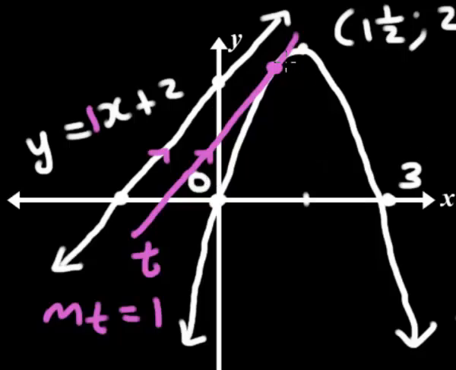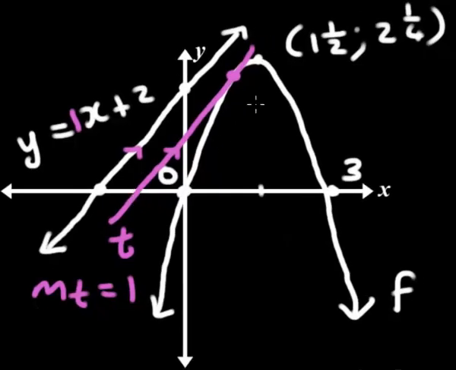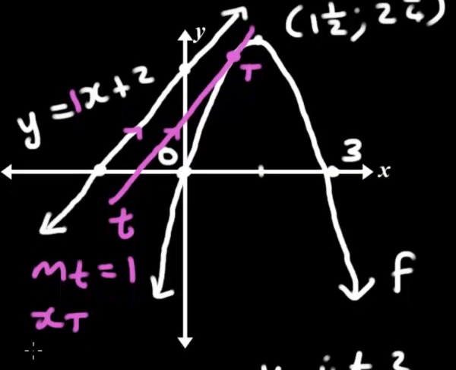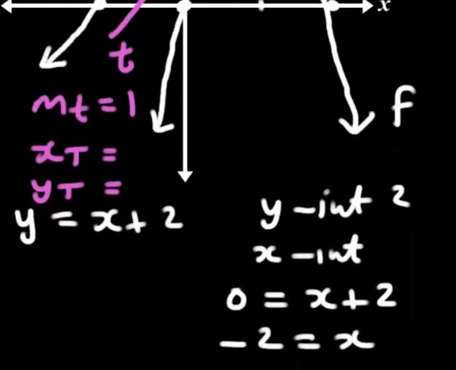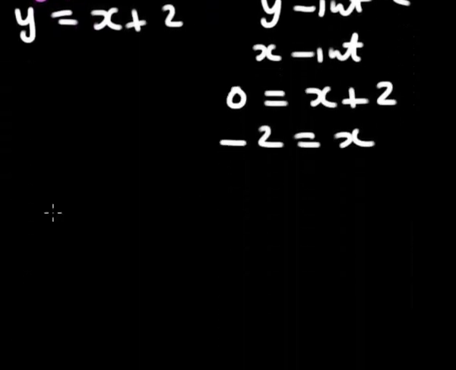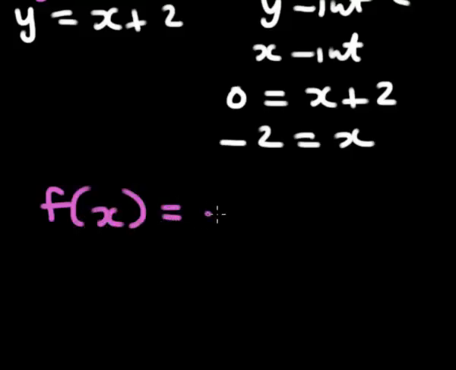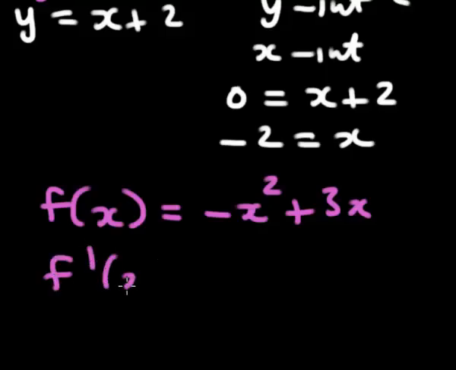Now, to determine the equation of the tangent line, we're going to need the x and the y. We've got the gradient. We need the x and the y of the point of tangency. What we do is very simple. We go back to the parabola, f(x) equals negative x squared plus 3x. The derivative comes to negative 2x plus 3.